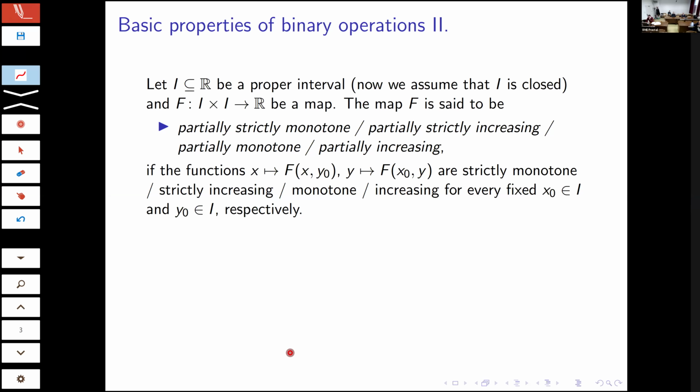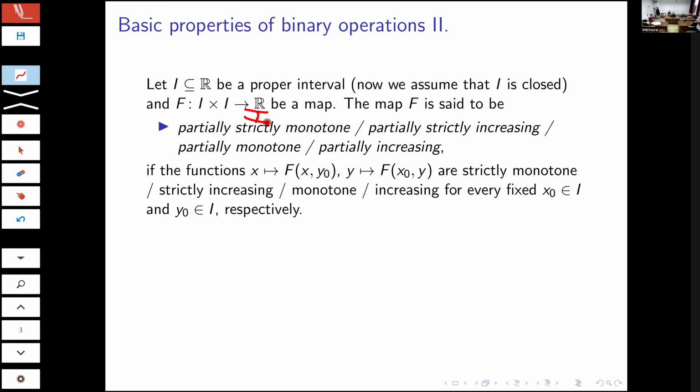I say it is an operation if it is from I times I to I, and if it is from I times I to R, then it is just a function. Operation is when the range is I, so it goes to itself.